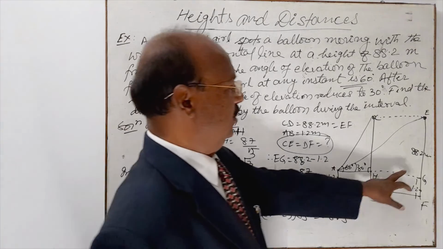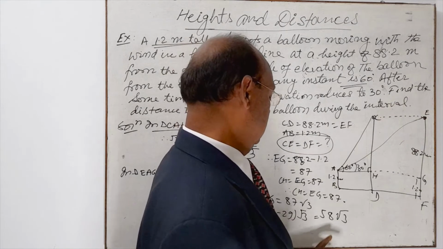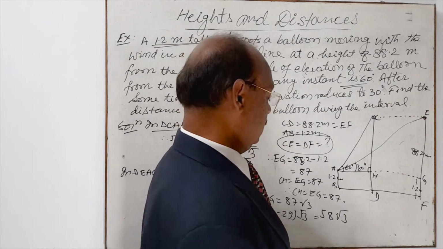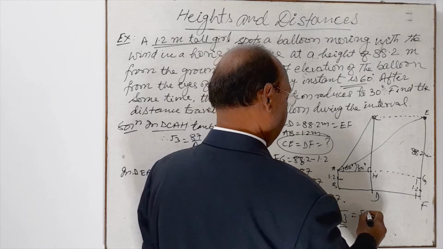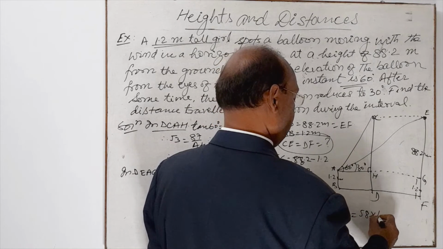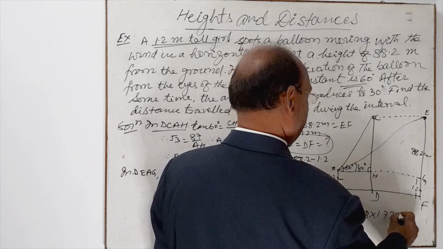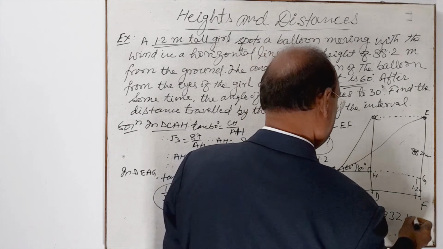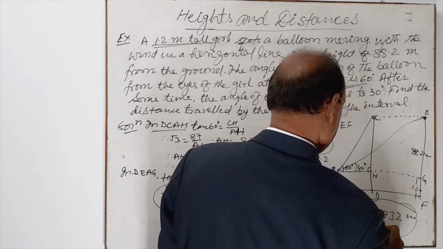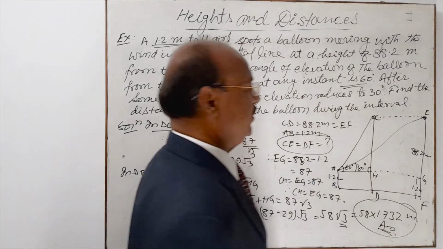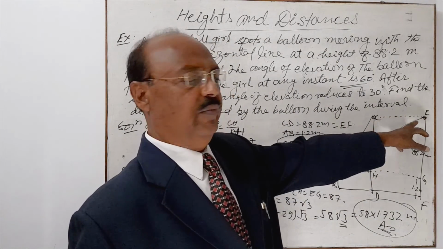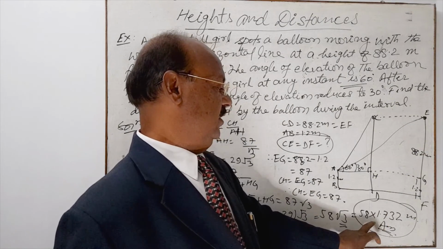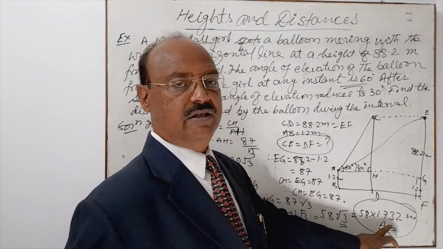HG, or you can say CE, is the required answer, or you can evaluate this root 3 and multiply 58 into 1.732 meter. This is the distance between two positions of the moving balloon. You multiply it, you will get the result.